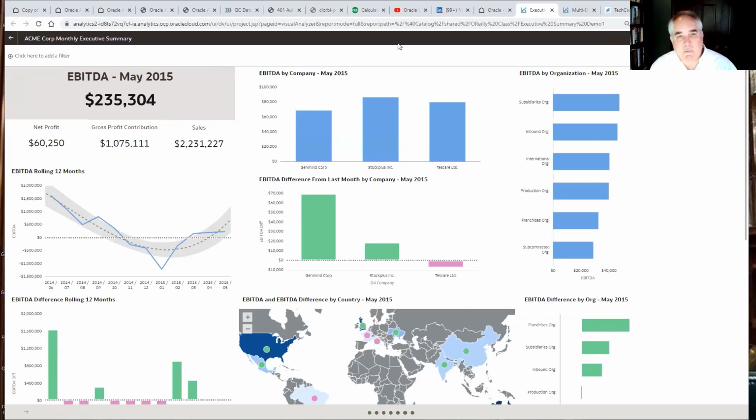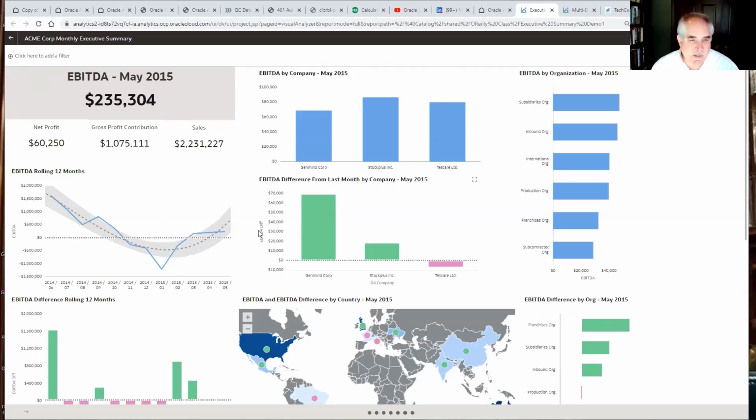And by putting it in the most prominent position, which is the upper left-hand corner, this starts to organize and give us a strategy for what information and what insight do we put where. So for example, we support this EBITDA with 3 important other measures: net profit, gross contribution, and the total sales, so that we have context for this major EBITDA number.